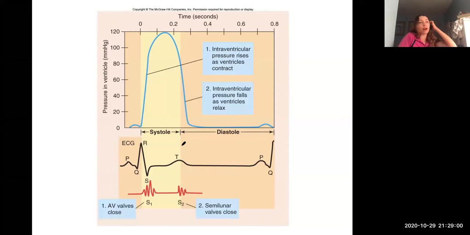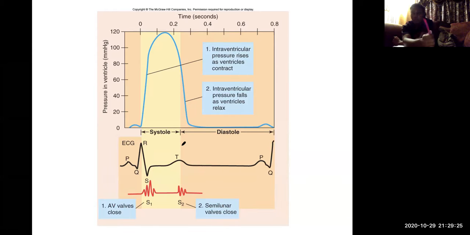The semilunar valve allows blood to go into the aorta or into the pulmonary circuit, and then it closes. I confused myself, but ask your question again, maybe I'll be able to help. Sometimes they both start with A, so I get them confused.